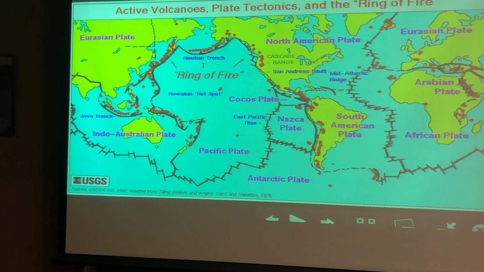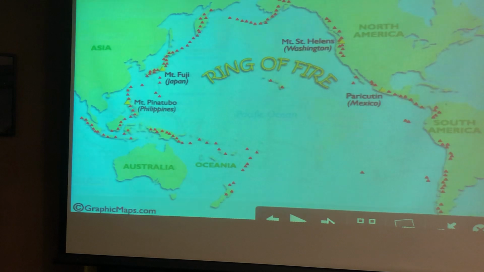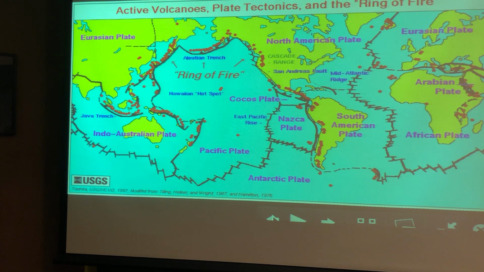And hopefully when you go outside and you think about this, and you look for this, you start to take on a little appreciation for geology, but there's planetary geology. And so when you see areas of earthquakes and volcanoes all around this so-called ring of fire, you know why? Because that's where the plate boundaries are.